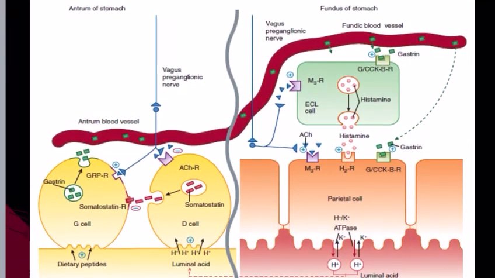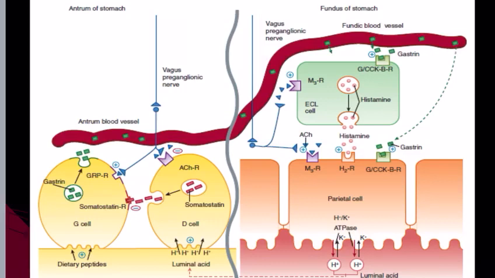This diagram has been taken from Katzung Pharmacology, the textbook of Basic and Clinical Pharmacology, 14th edition. You can concentrate on this diagram. There are two cells clearly visible in this diagram. One is the parietal cell, which is depicted over here in orange color.